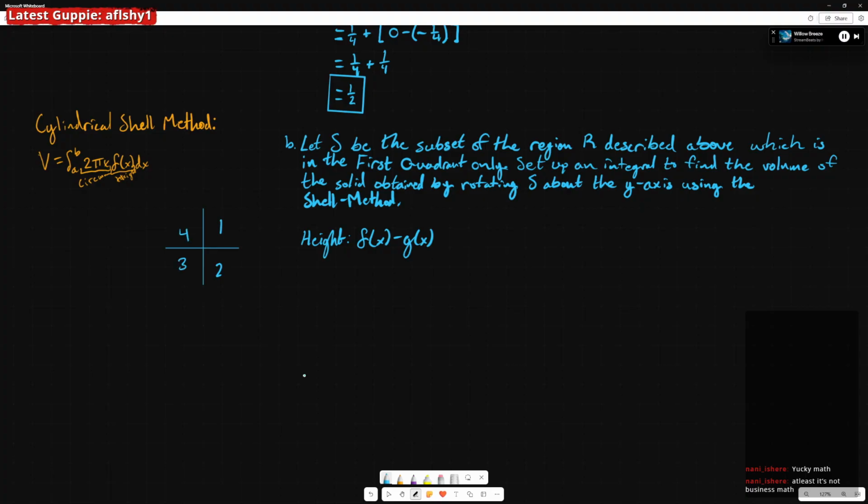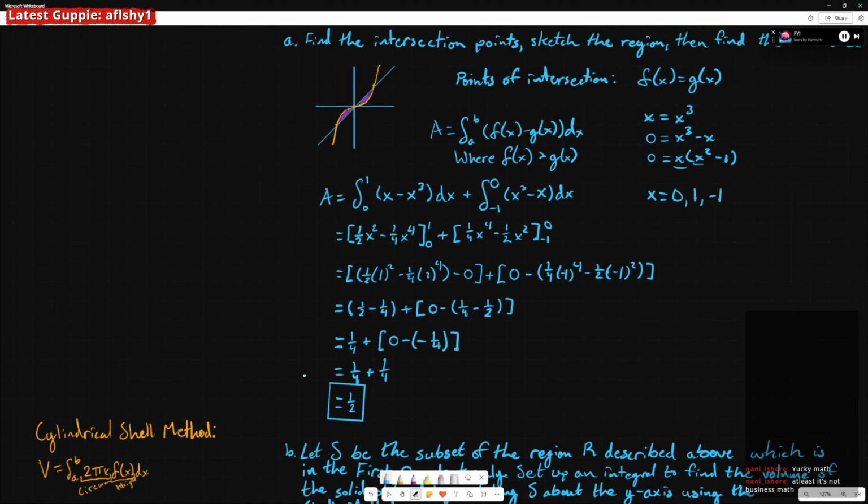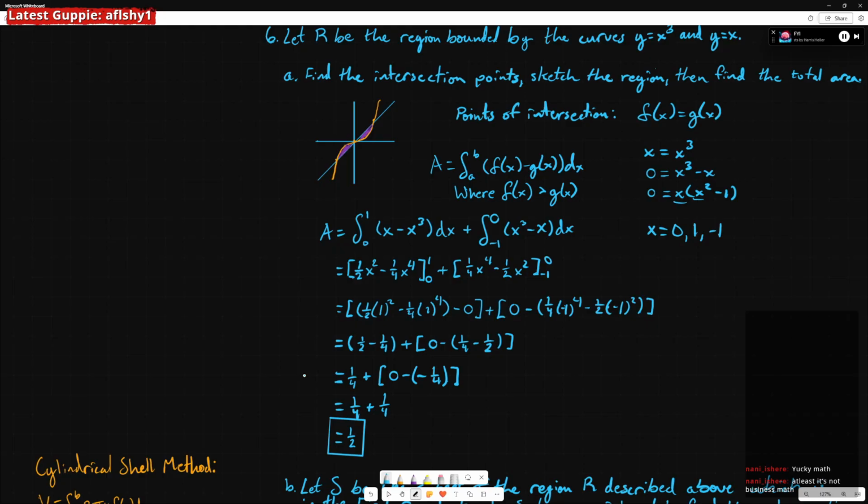I believe, 1 negative, 2 negatives, I don't remember. But this is 1, so this is the one we're wanting to work in, which means that we are working in this region up here.